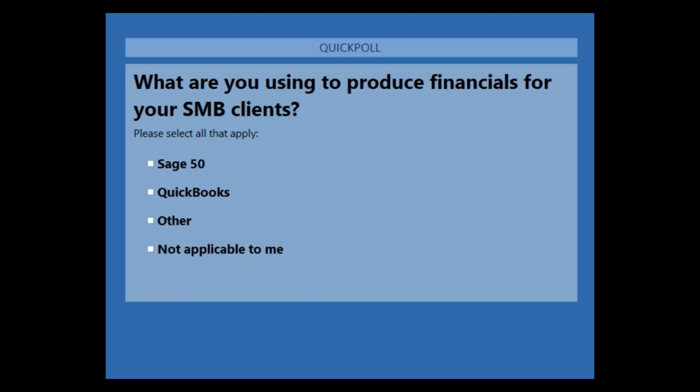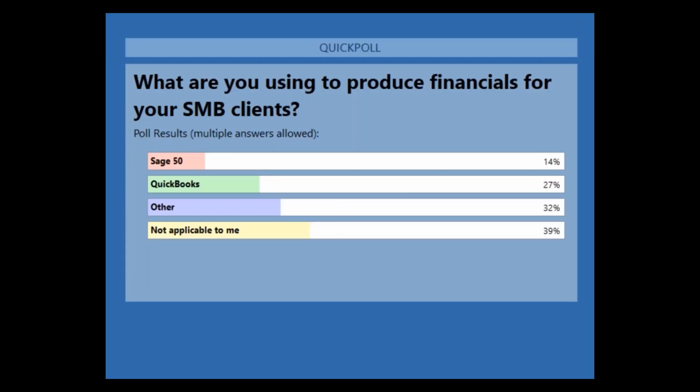Nice, easy question. Lots of responses. I'm already at 90%. I'm going to close that poll and share those results. 14% with Sage 50, 27% with QuickBooks, 32% are in the other category, and we have 39% not applicable to them today.